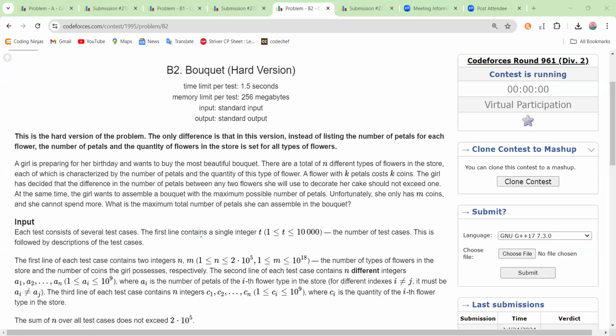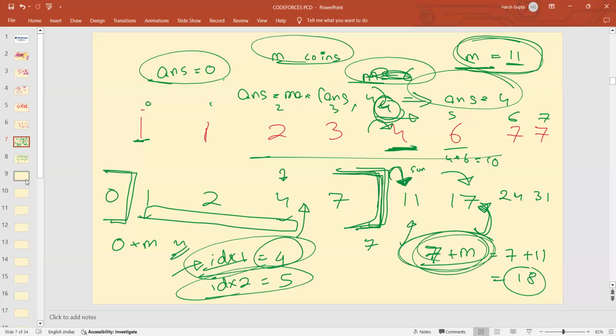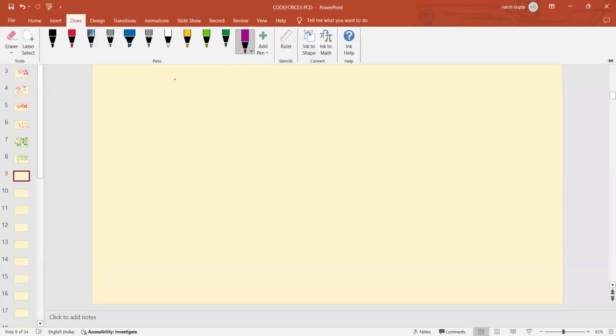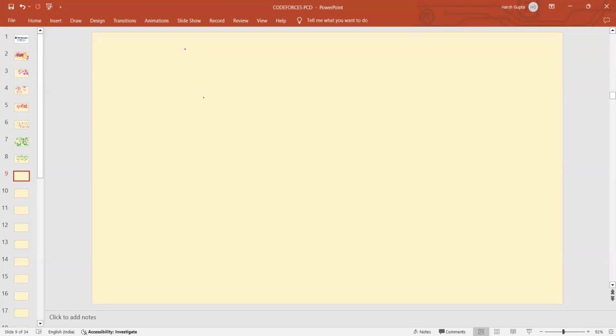So let me just discuss what the difference between this question and the previous question was. In this question, what you are given that you have N flowers, and for every flower, you are given that what are the number of petals for that particular flower.